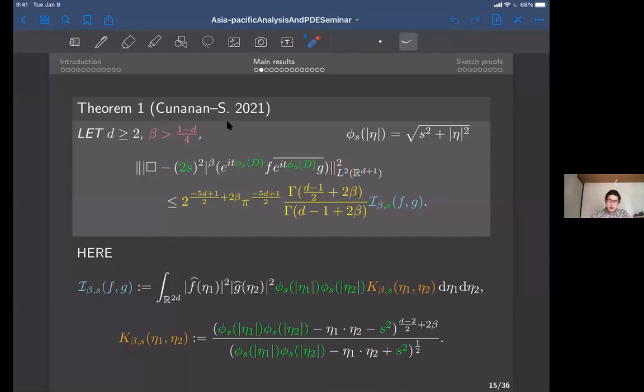And on the right-hand side, you have this massive constant again, and the blue parts. And this blue part is written as the integral of f hat squared, g hat squared. And now we have phi sub s of eta 1 and eta 2 instead of just the modulus. Then the kernel. Now the kernel looks very complicated, and this is the problem.